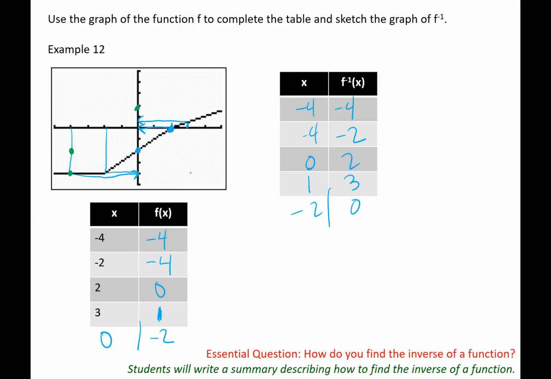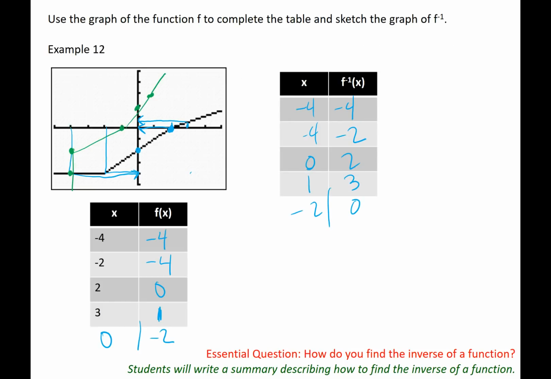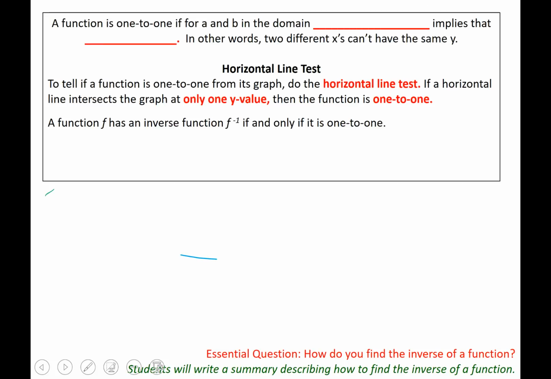And then I am out 1 and up 3. Then I am out -2 and up 0. So let's see what that does. So we're going to go here, here, and like that. So again, if I drew that kind of line in there, it looks like it does reflect across.